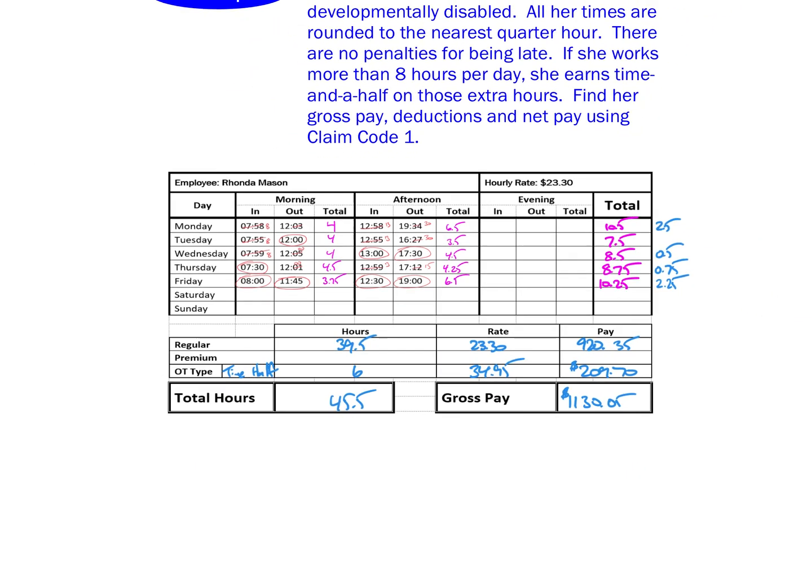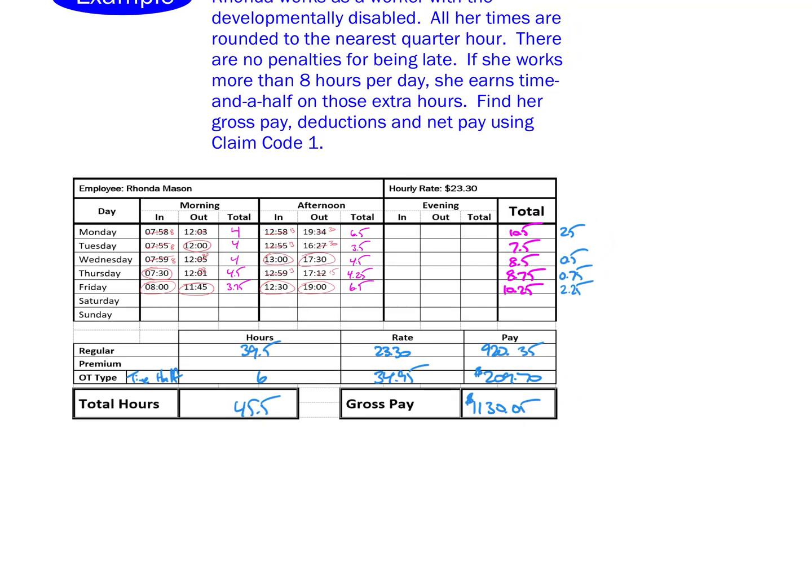All right, time to use that deductions booklet we have. So we're looking for $1130.05. So let's look up the CPP first, Canadian Pension Plan. $1130.05. CPP is $57.92.